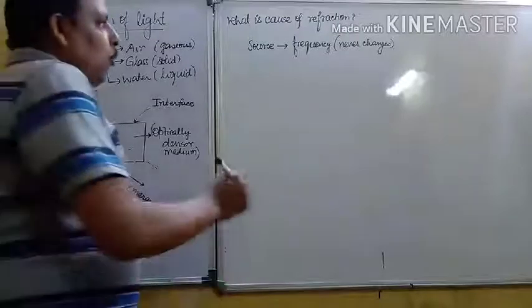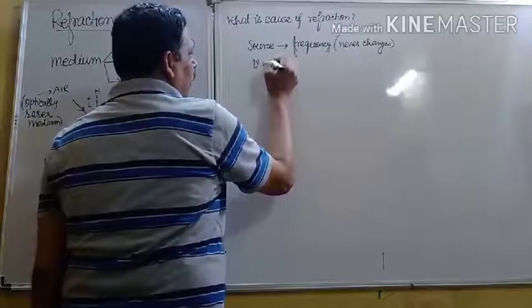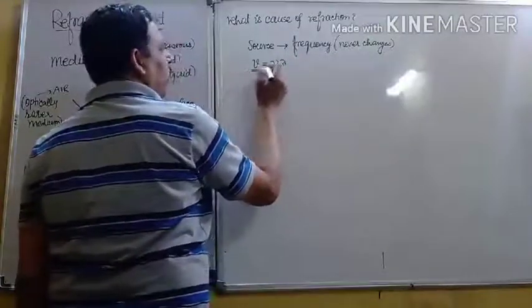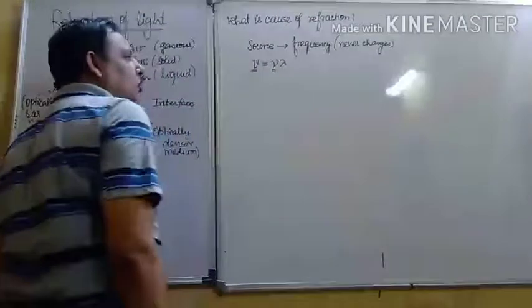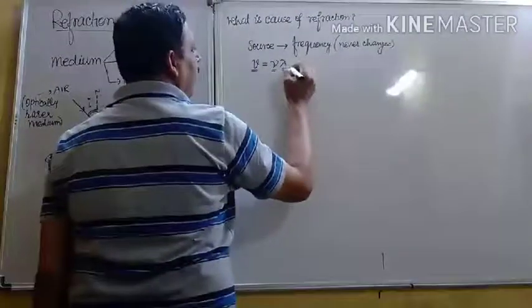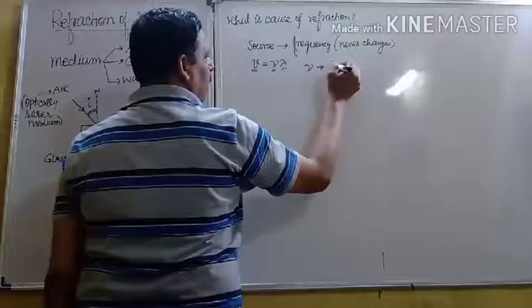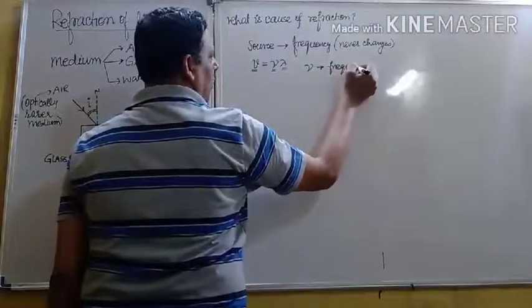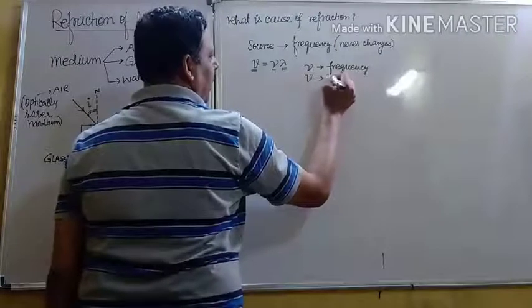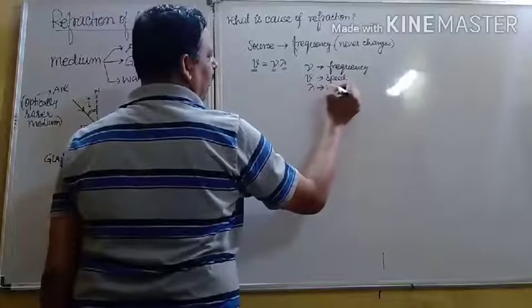As we know, v equals nu lambda. V means velocity of light, nu is the frequency of light, and lambda is called the wavelength.